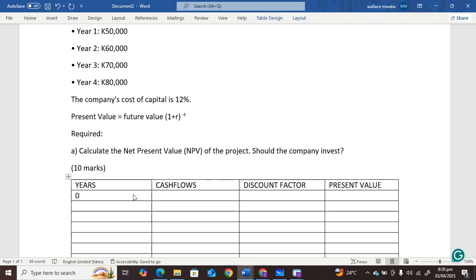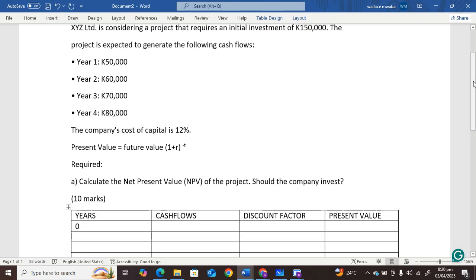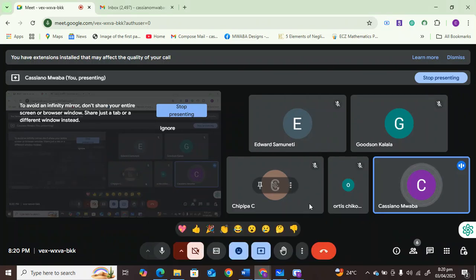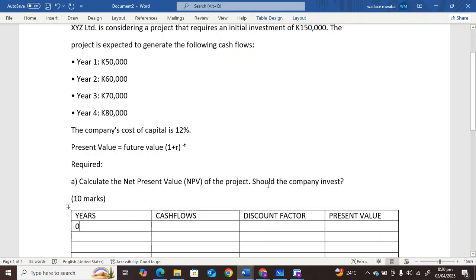Year zero is the first day of year one. In year zero, we are purchasing this investment, we are paying for this investment. So we're going to represent it here as negative 150,000. Colleagues, why are we representing it as a negative number?